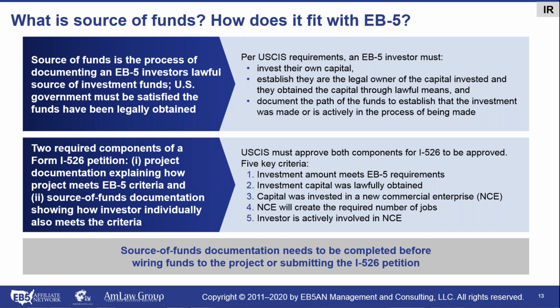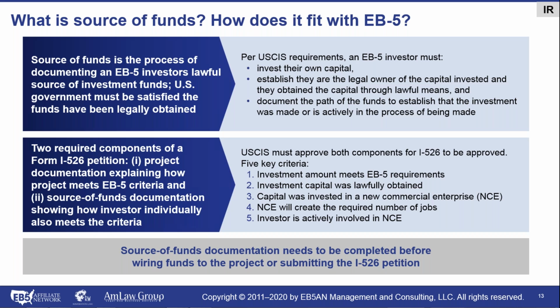So for the I-526 petition, there are two parts to the initial petition for the green card. One is we need to document the source of funds that the investors are placing in the project. We need to document that they were earned lawfully and also transferred lawfully to the project.